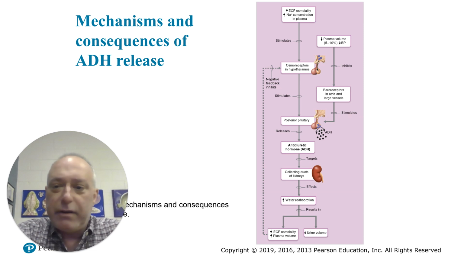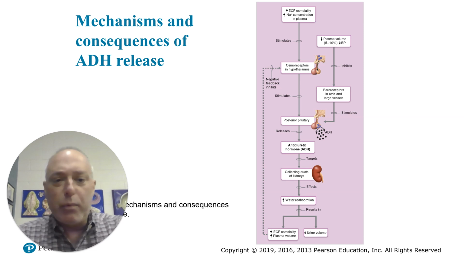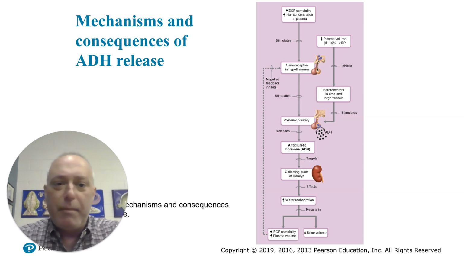Okay, antidiuretic hormone released through the posterior pituitary, very important hormone for maintaining water balance. And so let's say there's increased extracellular osmolality, which would be like increased sodium. Sodium is the best indicator of hydration in the body. So high levels of sodium will correspond to high levels of water.